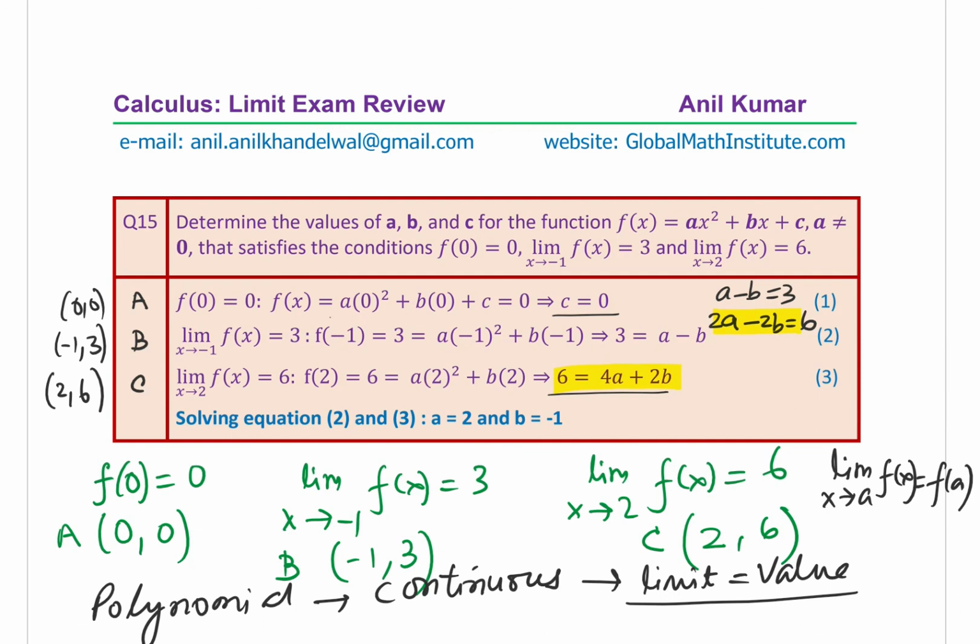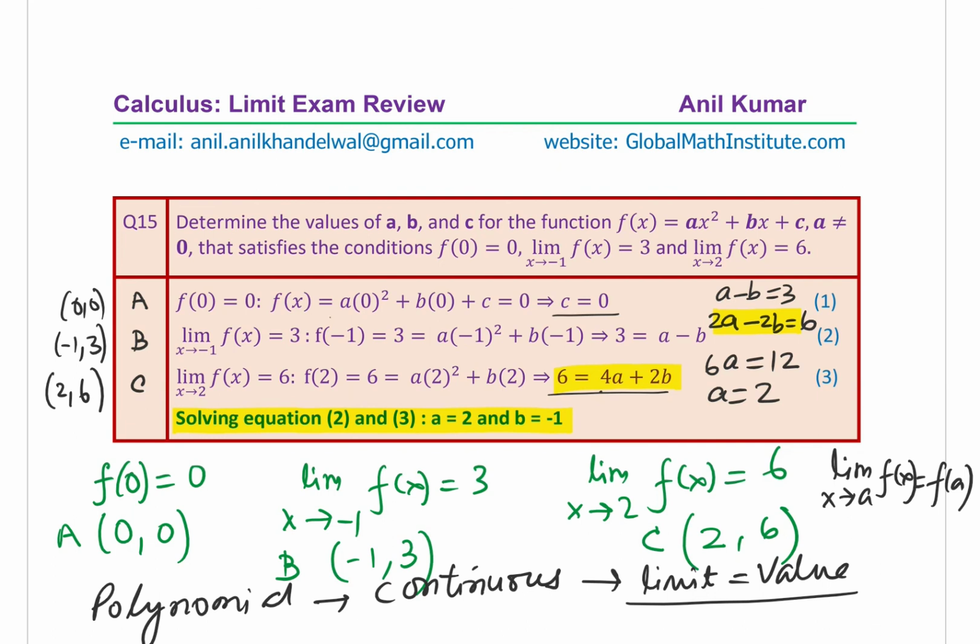So if I add these two, then what happens? 6 plus 6 is 12, and 2a plus 4a is 6a, right? So we get 6a equals 12, or a is equal to 2, correct? So we get the value of a as 2, which is mentioned here. So solving these equations 2 and 3, you will get this particular answer.